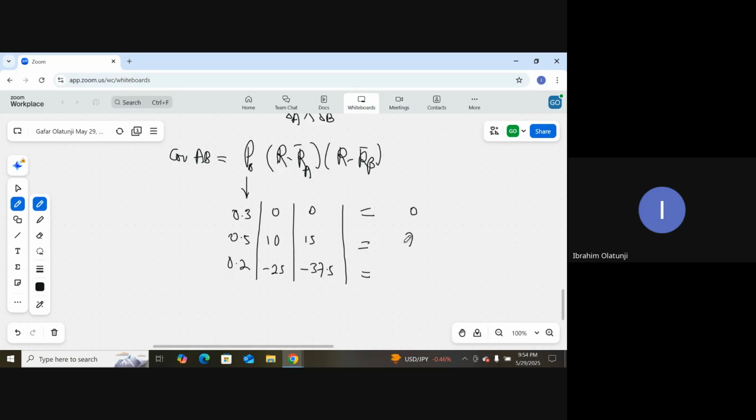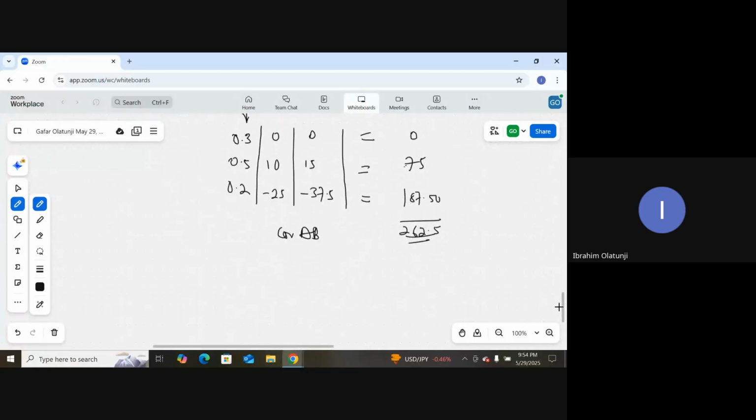The third one, 187.5. Then we total it. We get 262.5. So you've already got your covariance AB.